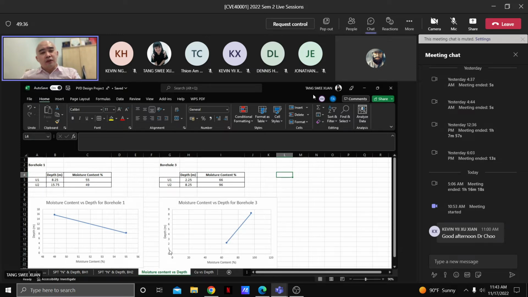The plot on the left, on the horizontal axis, should start from 0, not 48. So only these 2 points are correct lah. The data that you have is correct, of course. But more importantly, so what?